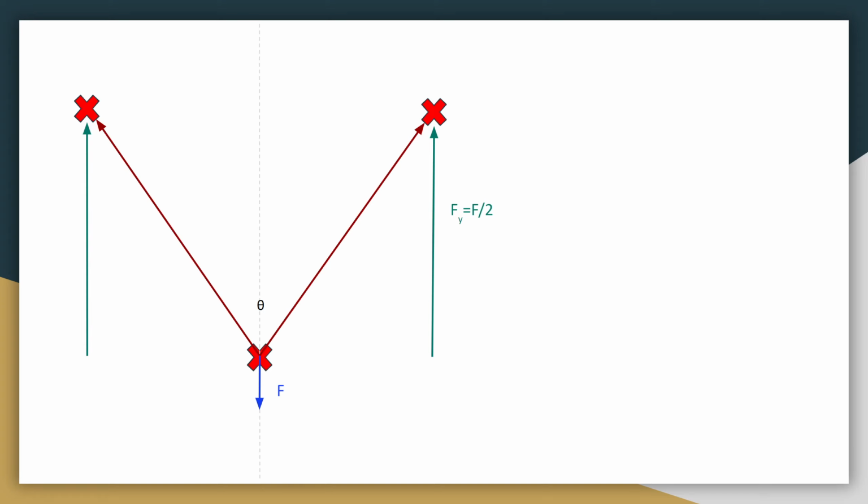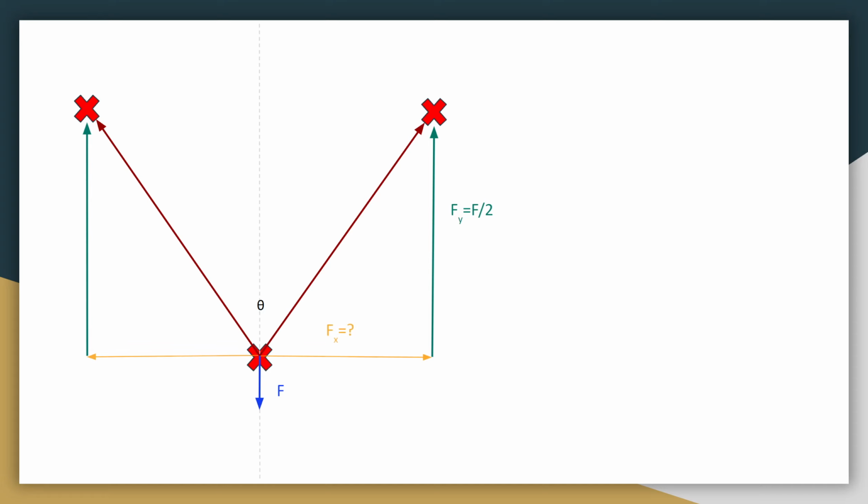So it's very obvious that if the system is weighted equally, then each carabiner should support half the weight of the climber. So in this system that I've drawn, where it's symmetric, note that each carabiner vertically will be supporting half of the total force F. So F sub y, which is what I'm calling the vertical component, is F over 2.